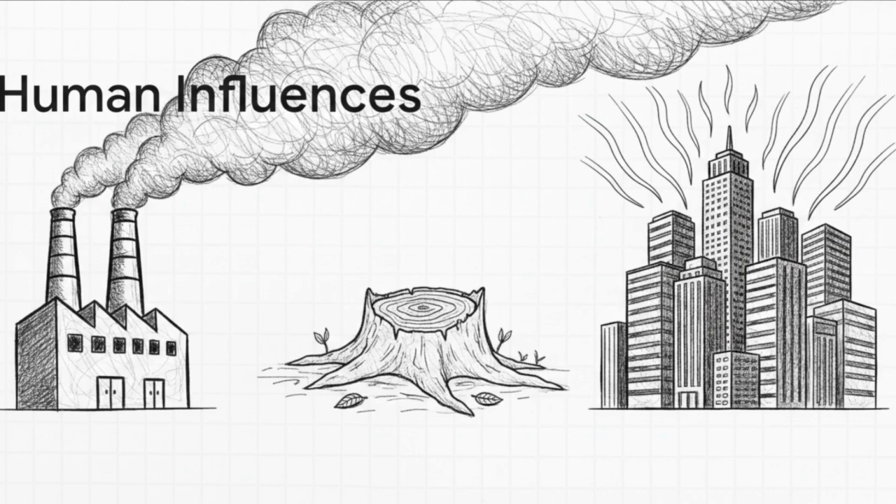Second, deforestation. Trees return a massive amount of rainfall back up to the atmosphere through transpiration. Cutting them down drastically decreases the water cycling through that local environment. Third, and perhaps the most surprising, are urban heat islands. The concrete and infrastructure of our cities actually trap heat, forcing extra upward air motion.